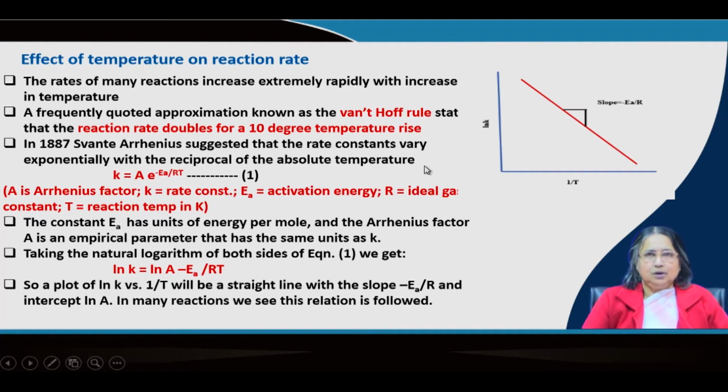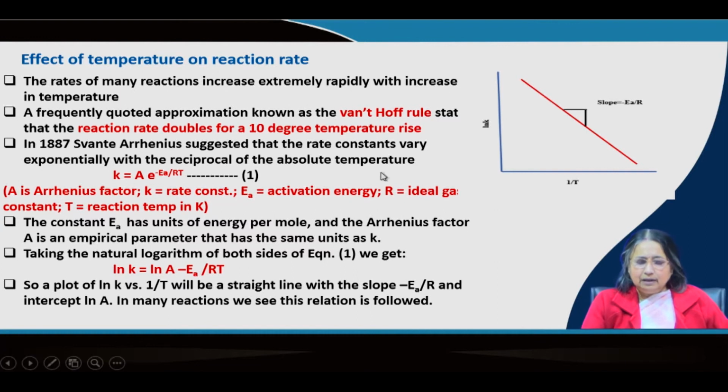So what will we do? We will do the same reaction at different temperatures, say 4 or 5 different temperatures, and we will determine the k value. What is k? k is the rate constant. By now we know how to determine the rate constant and the order of the reaction, all those things we know.